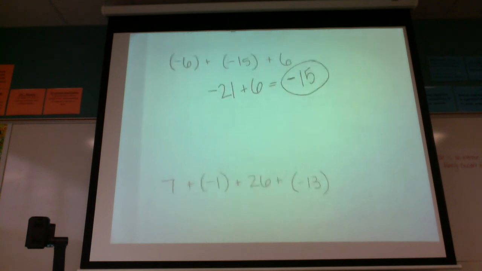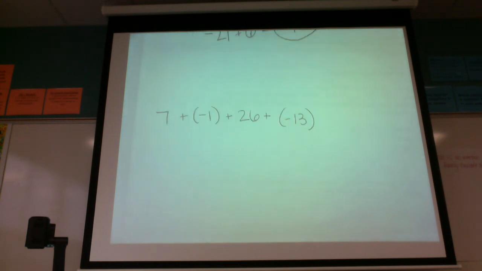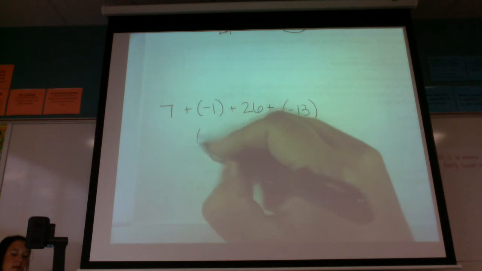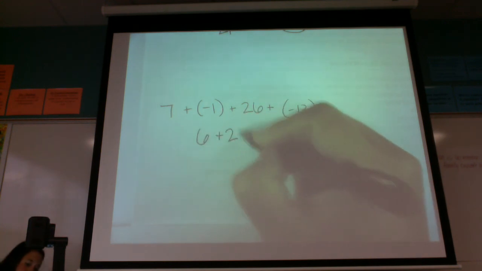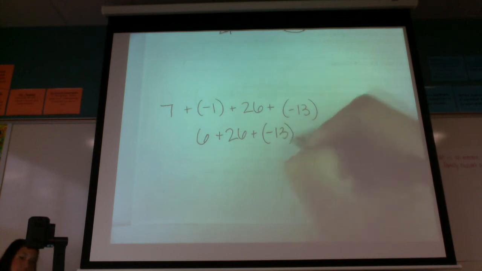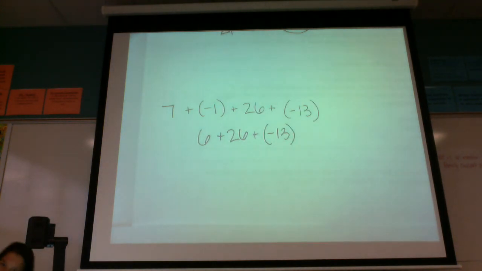Next one, now I have 4 integers I'm going to be adding together. 7 plus negative 1 plus 26 plus negative 13. So again, let's work left to right. 7 plus negative 1, that's going to give me 6 plus 26 plus negative 13. Sometimes we have those parentheses there just to separate to show you that it's a negative number.